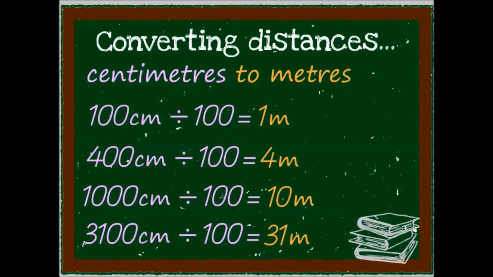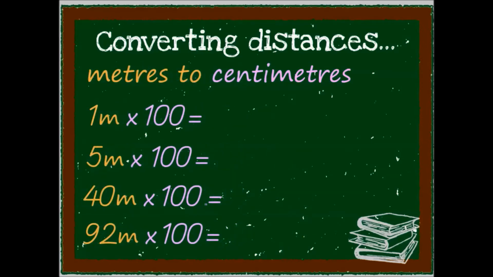We can also write meters as centimeters, but this time I will multiply with 100 because centimeters are 100 times smaller than a meter. That means for every 100 centimeters, I only have 1 meter.